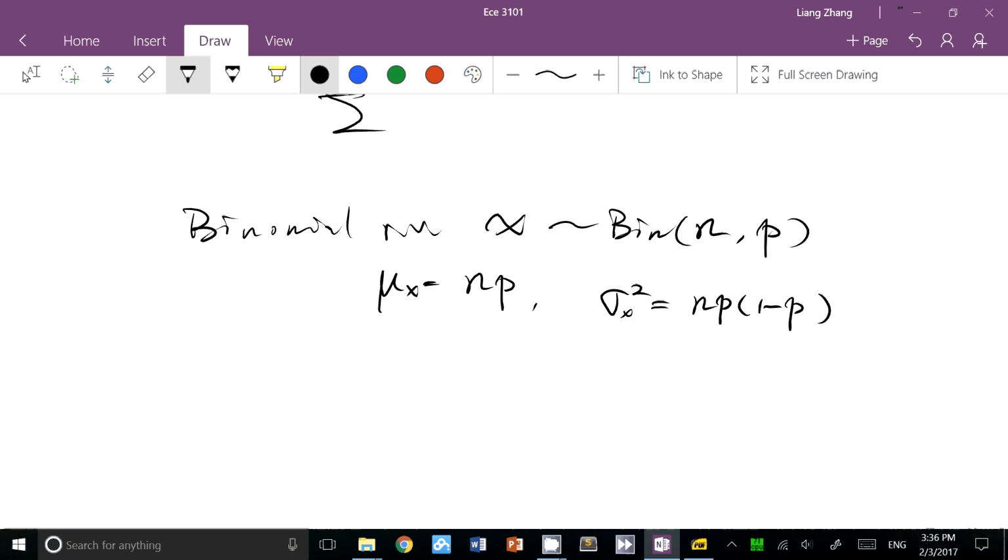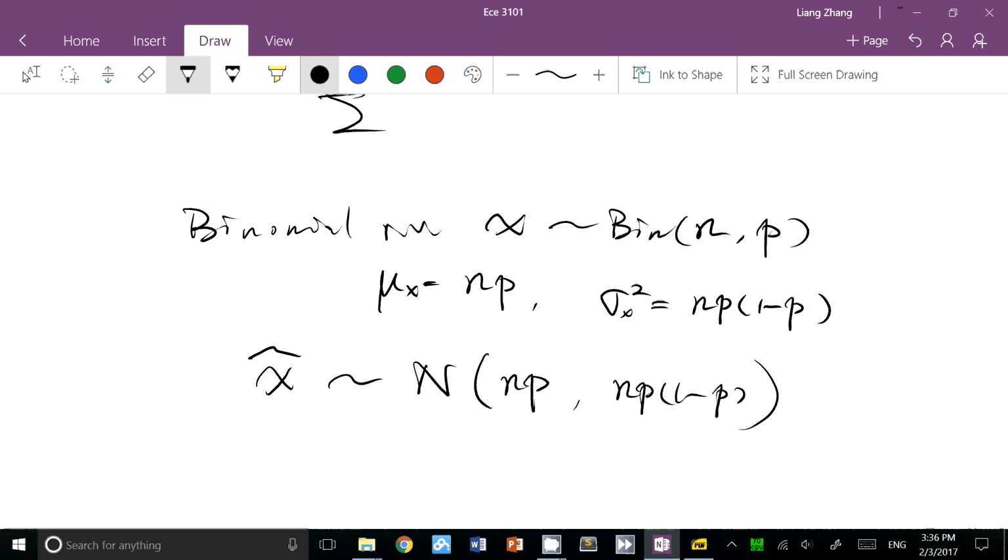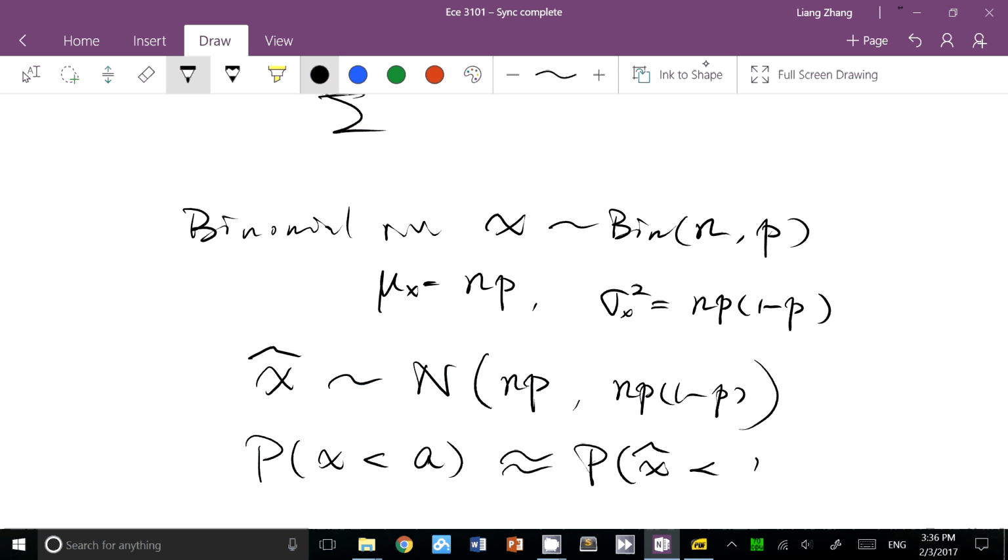Now the approximation says the following. If you introduce another random variable, let's say x hat, that follows a normal distribution with mean np and variance np(1 minus p), then the probability that x is less than a certain number a is approximately equal to the probability that the random variable x hat is less than the same number.